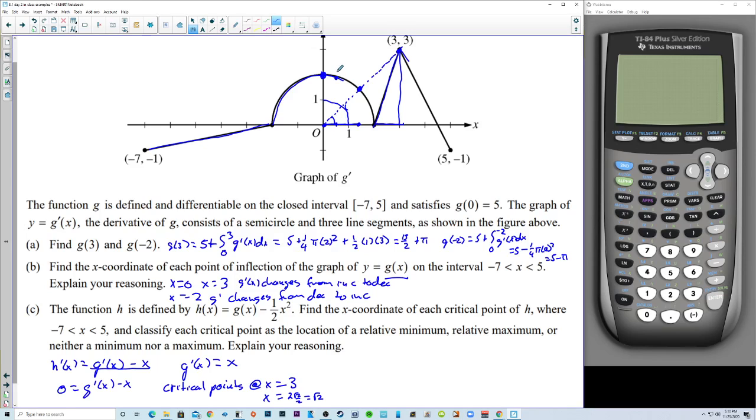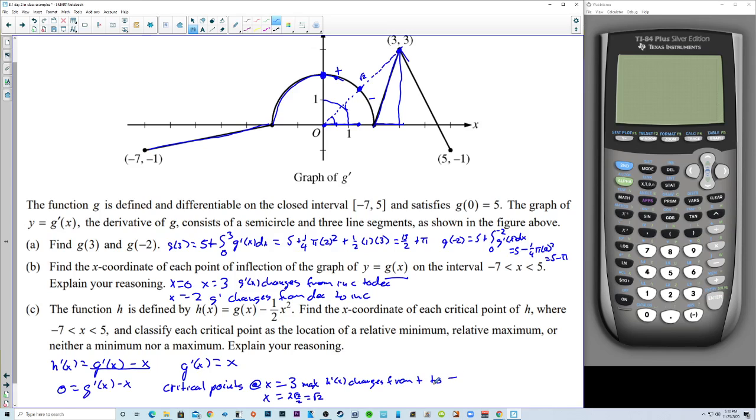So g prime is the bigger, so that'd be positive. We're going to go from positive to negative over the square root of 2. So positive to negative, that's a maximum. So we have a maximum there because h prime of x changes from positive to negative.